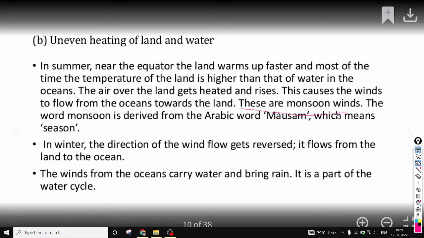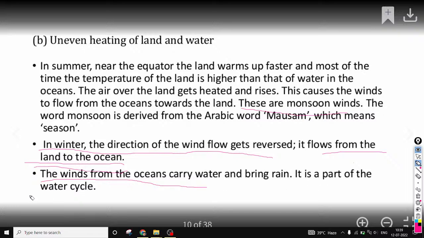In winter, the direction of the wind flow gets reversed, and it flows from the land to the ocean, because the land temperature is very low as compared to the ocean. So the air moves from land to ocean, and the winds from the ocean carry water and bring rain.